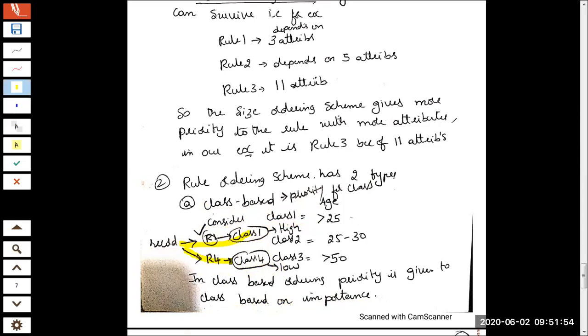If this classifier is using class-based priority and we have assigned these ranks to the classes, how will the classifier decide on this record? The classifier will decide that this record should go and sit inside class 1. Why was this decision made? Because class 1 was of high priority.